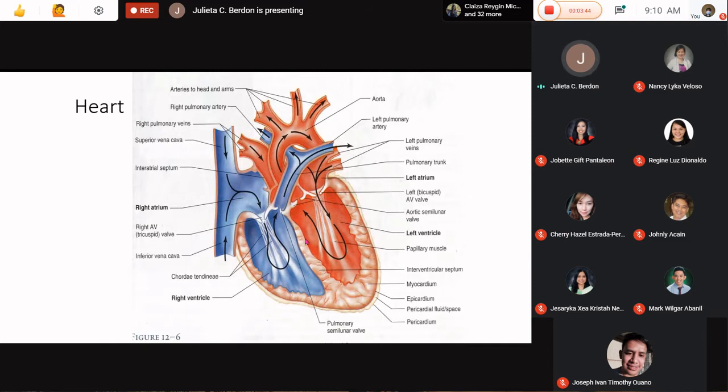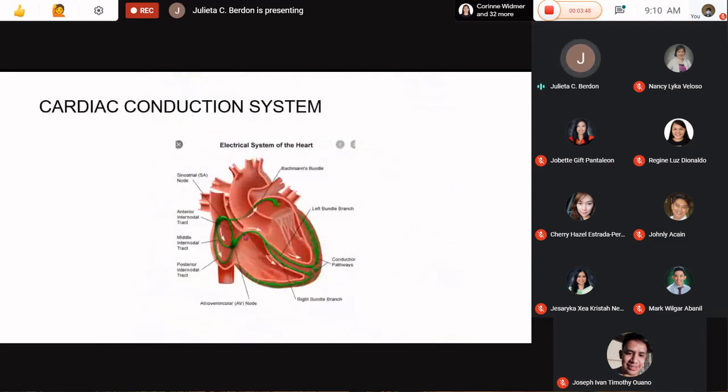Okay. Then another thing, I also want to review the cardiac conduction system. So the impulse, the action potential, another term for impulse, will start at the SA node. And we have discussed why this is the pacemaker of the heart.